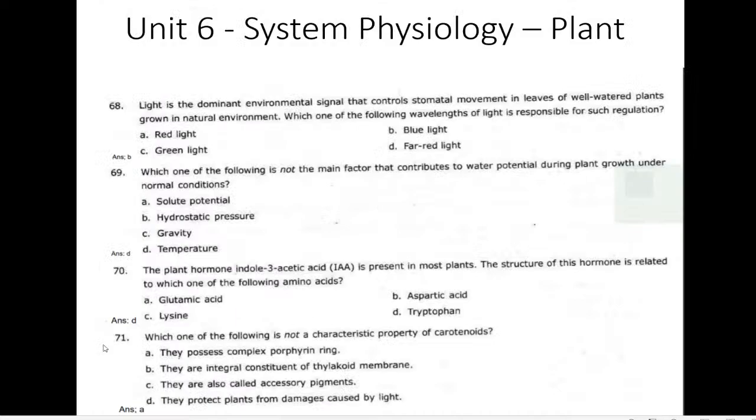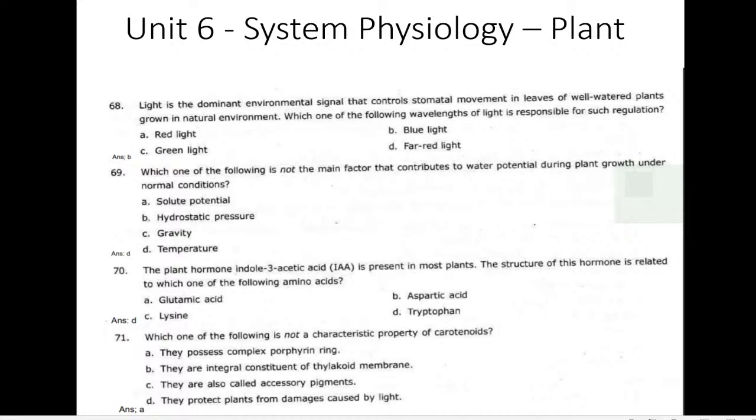Which one of the following is not a characteristic property of carotenoids? Carotenoids are phytochemicals present in the plant. They are integral constituents of the thylakoid membrane, necessary components called accessory pigments. Carrot has carotenoid, which is the orange color.